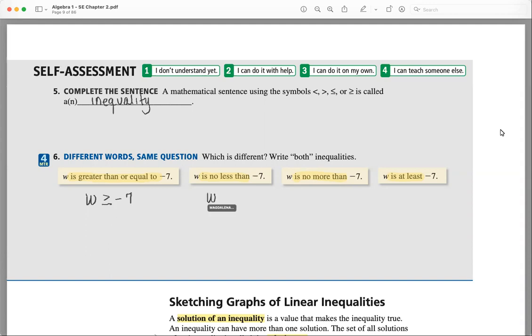W greater than or equal to -7. W less than or equal to -7. And W greater than or equal to -7. So which one is different? Well, you can see that the third one was the only one where the inequality symbol was different.